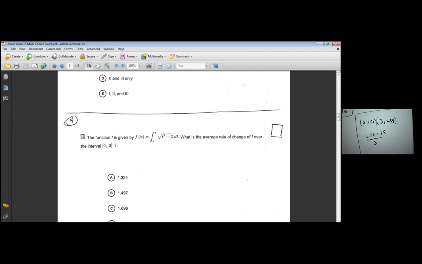What we got, guys? 1.696. There you go. Choice C. Any questions on number 4?